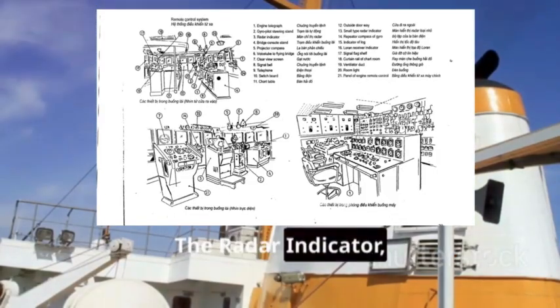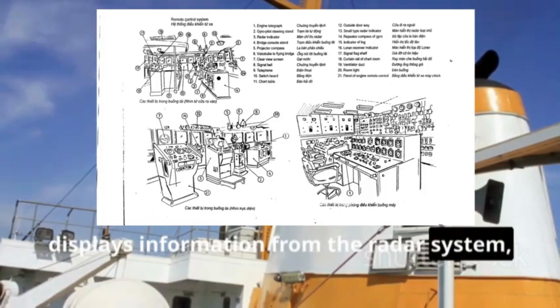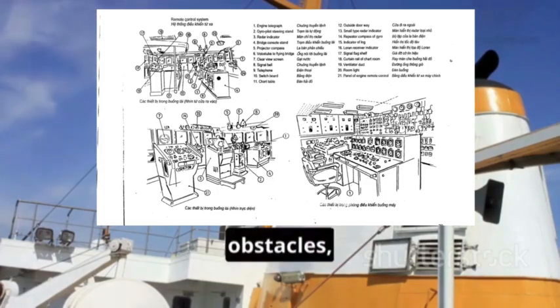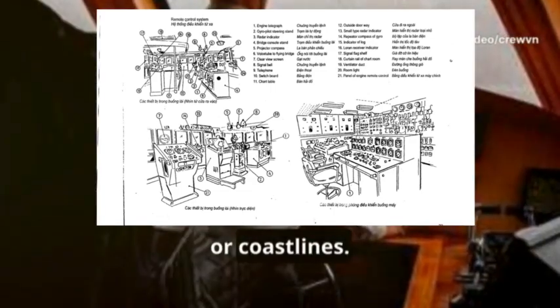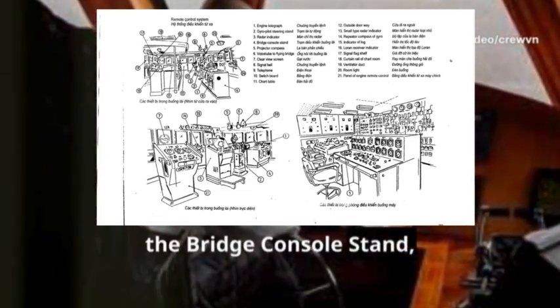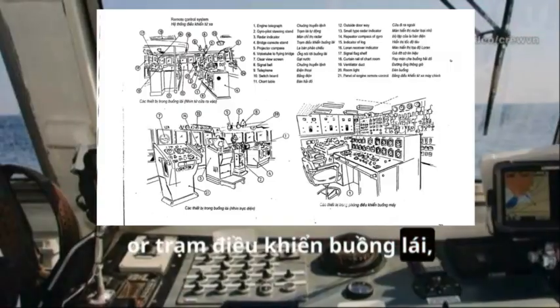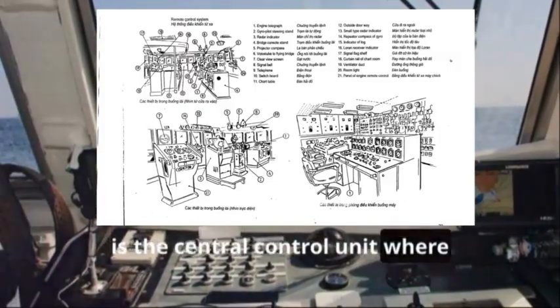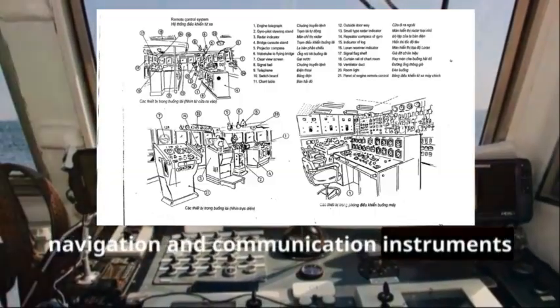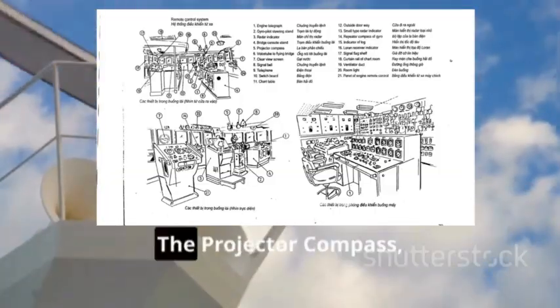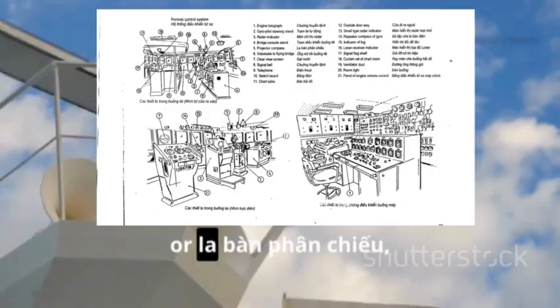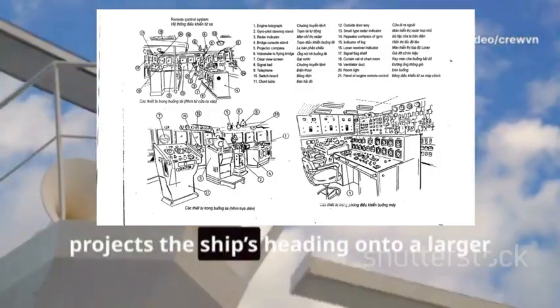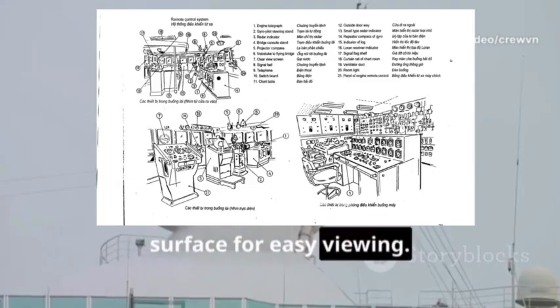The radar indicator displays information from the radar system, showing nearby vessels, obstacles, or coastlines. Then, the bridge console stand is the central control unit where navigation and communication instruments are displayed and managed. The projector compass projects the ship's heading onto a larger surface for easy viewing.